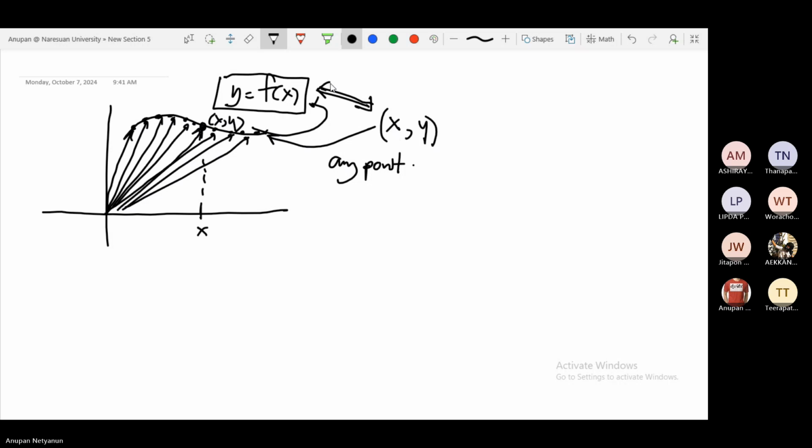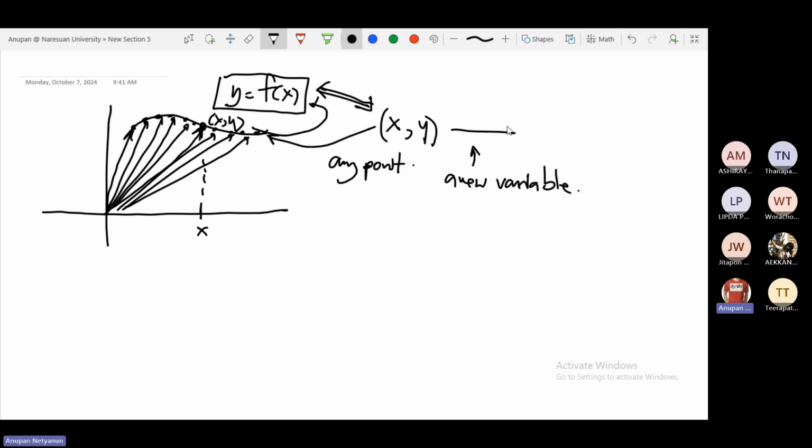Now, in the vector form, I can introduce a new variable, let's say t, and somehow each variable depends on t.